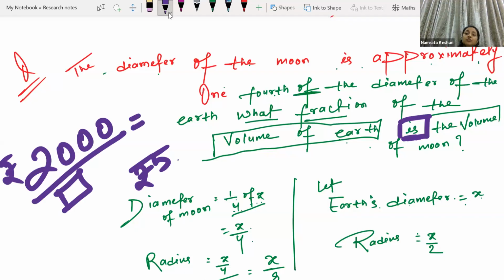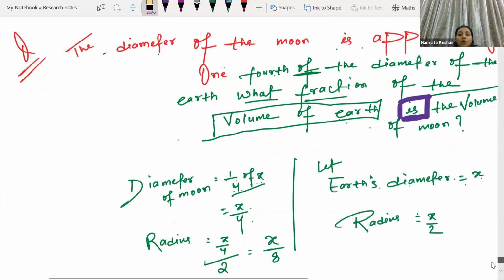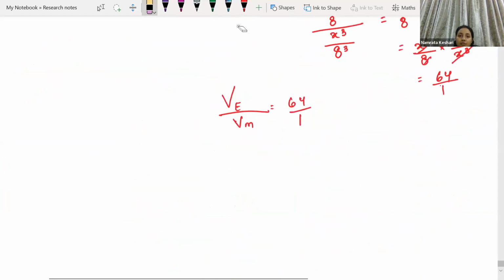So what fraction of the volume of Earth is equal to the volume of Moon? Basically we have to keep the volume of Moon on one side. What fraction of Earth we are not sure, but we need to keep the volume of Moon on one side of the equals to.